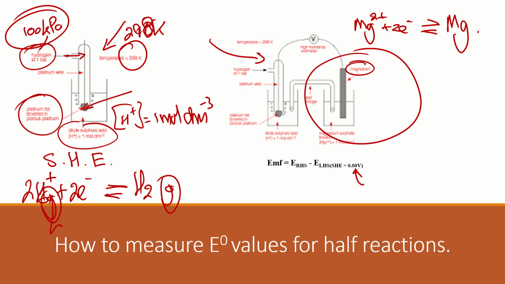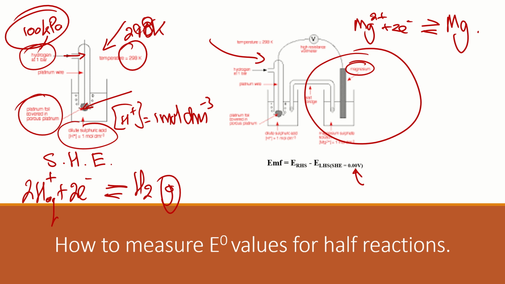Now, you might have cottoned on to the fact that I've started writing all my half cells as reductions, and that is the standard way that we write half cells, as reductions, and then we can compare them directly. Okay, now we'll deal later with how we would deal with it were an examiner to write it as an oxidation. It's very simple, we would just flip it and we would flip this side as well.